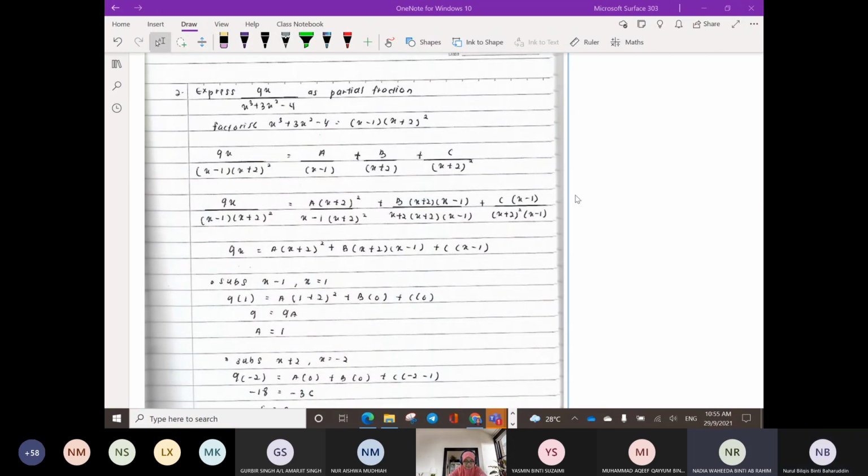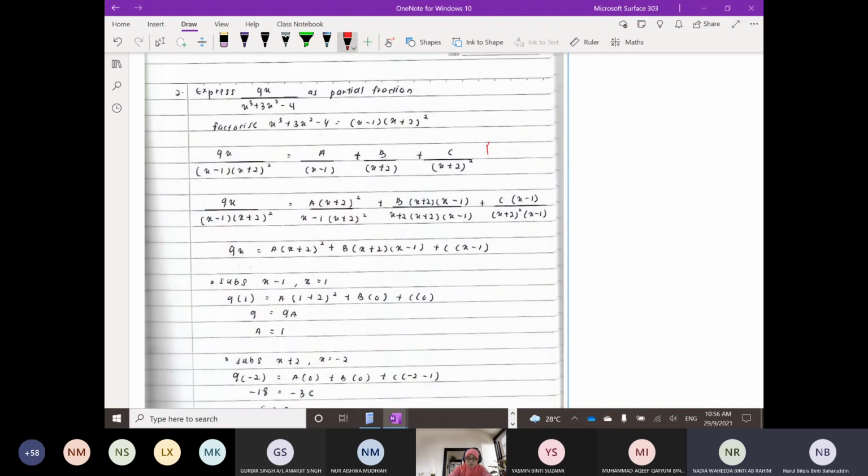Okay, lepas tu bila dah dapat yang (x minus 1)(x plus 2) squared tu, kita tengok yang penyebut ni. What is the form of denominator? Repeated linear.